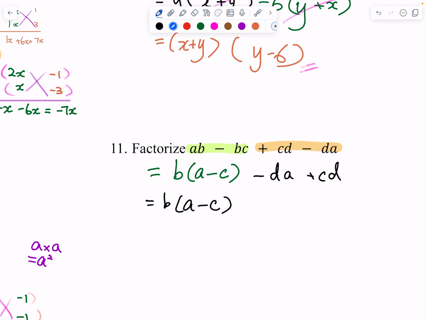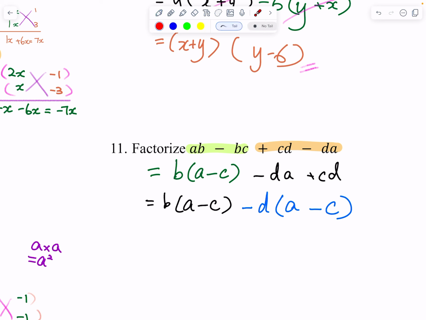Then what do I take as common? Negative D. If I take out negative and also D, A is left. I take out negative, so negative and positive becomes negative. I already took out D, so only C is left. Okay, you can always switch the order.